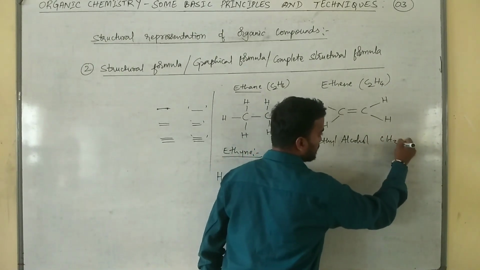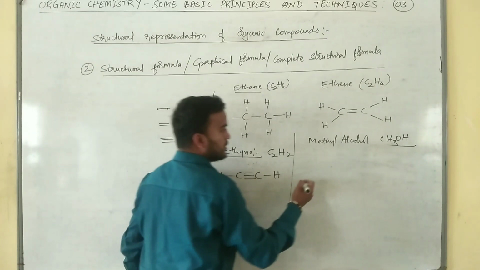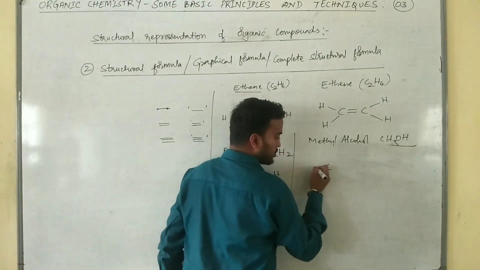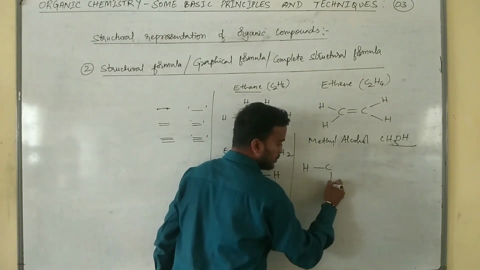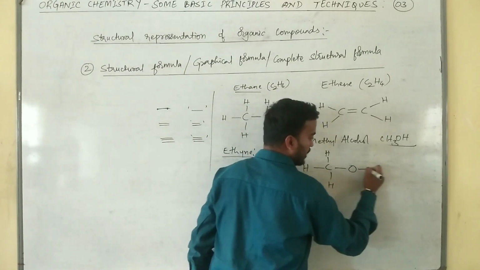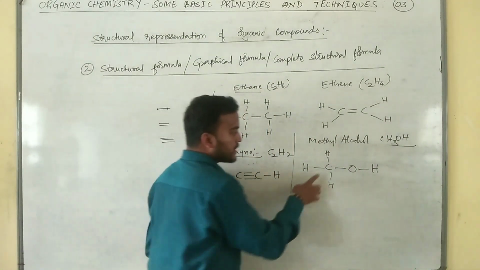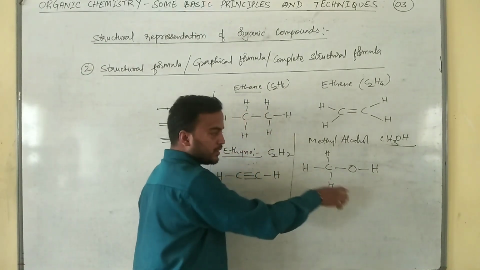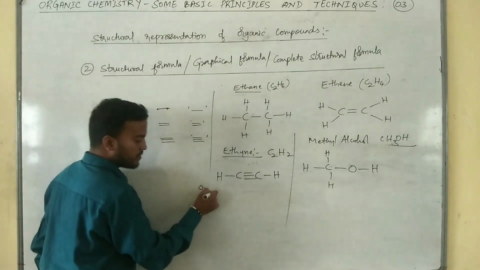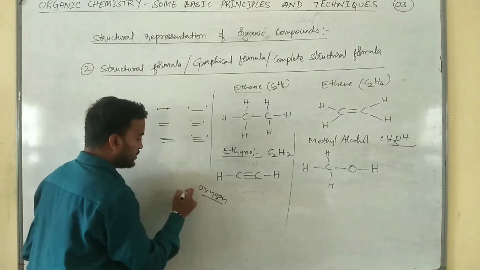It has formula CH3OH. So in this case carbon has 3 hydrogens, 1 2 3. Next we have oxygen and we have hydrogen. Except carbon and hydrogen, the remaining atoms, I will take oxygen, are heteroatoms.